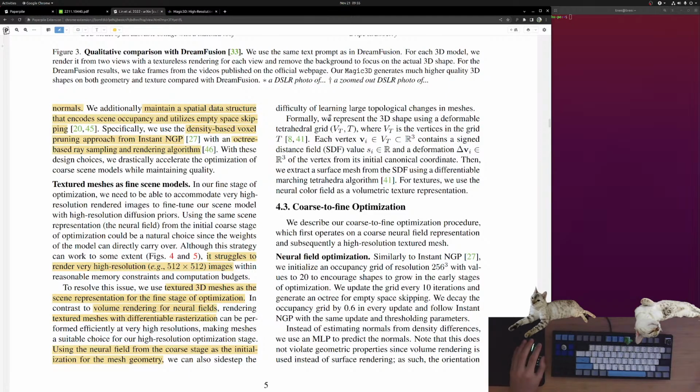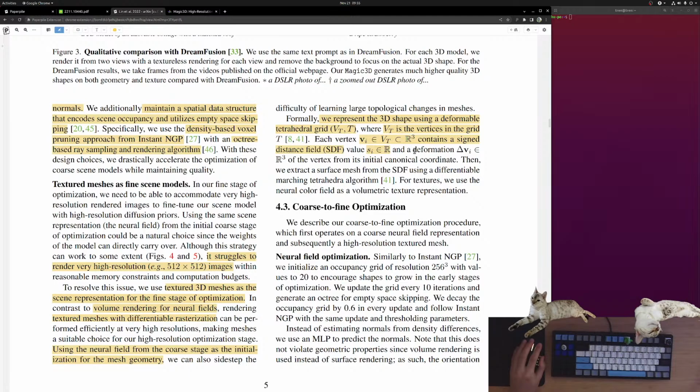We represent the 3D shape using a deformable tetrahedral grid. Okay. VT is the vertices in the grid. Each vertex contains a signed distance field. And okay, that's the actual signed distance field value.